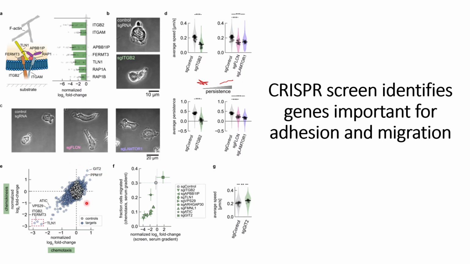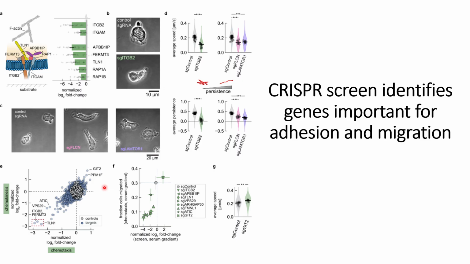And thereafter, in the knockout libraries, they checked the relationship between chemokinesis and chemotaxis, that is, the genes that migrated through these two different conditions, and they are able to see a specific correlation where the R-squared value is around 0.99, which can be seen here, and the highest migratory cells have this GIT2 knockout, and also this PPM1F knockout.